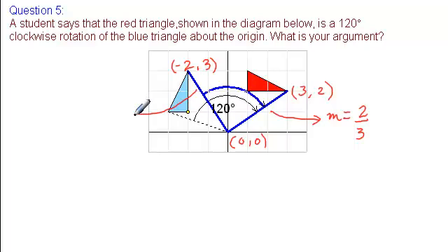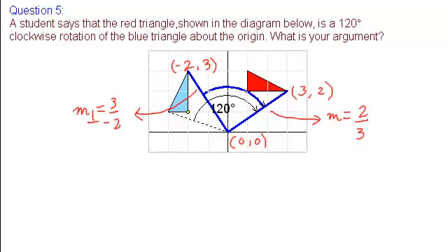Likewise, the slope of this line, I'm going to call m perpendicular, is 3 over negative 2. And if the two slopes are reciprocal opposite, then the two segments are perpendicular, and I can see it here in the two slopes given.